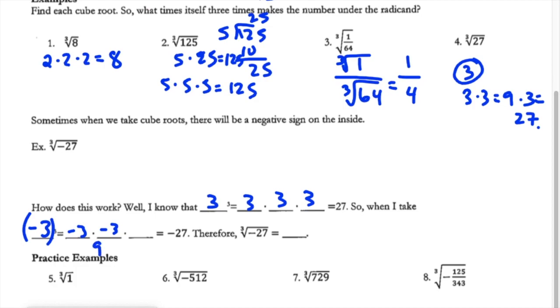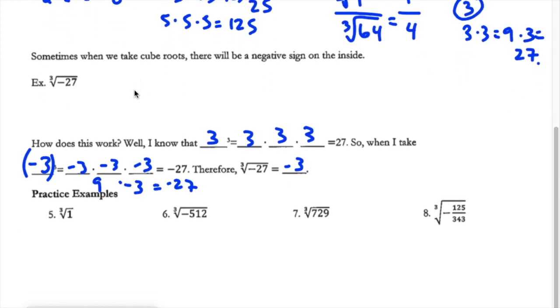Negative times negative is positive. Then I multiply that by negative 3 one more time, and that gives me the negative 27 here. Therefore, the cube root of negative 27 is going to be negative 3. And so that's how we do that.